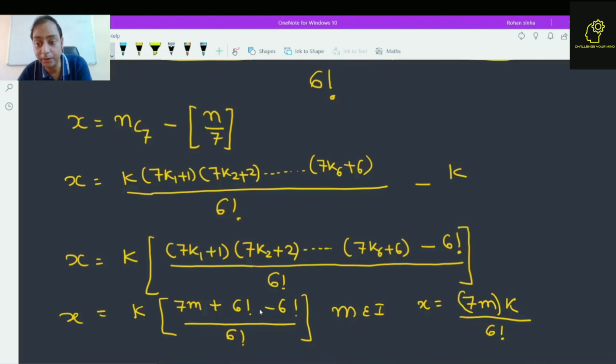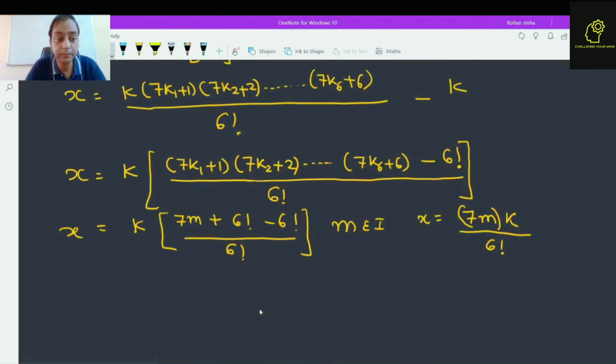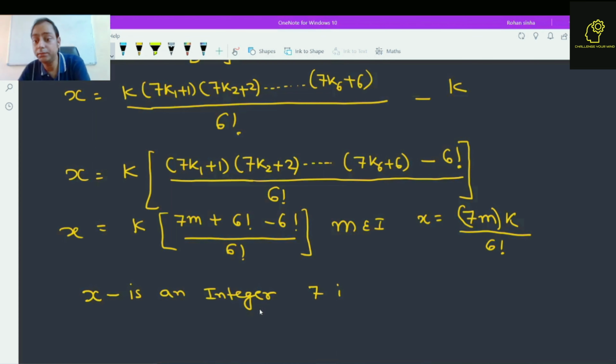Now, 7 is not a factor of 6 factorial. So what can we say? x is an integer, and 7 is not a divisor of 6 factorial because 7 is prime.